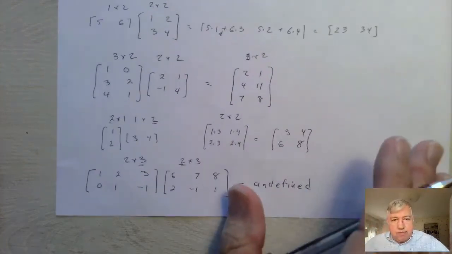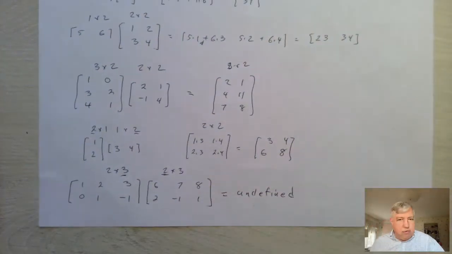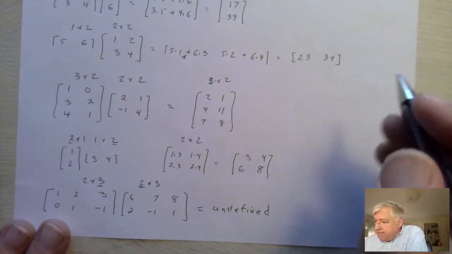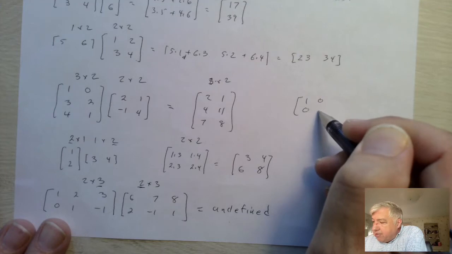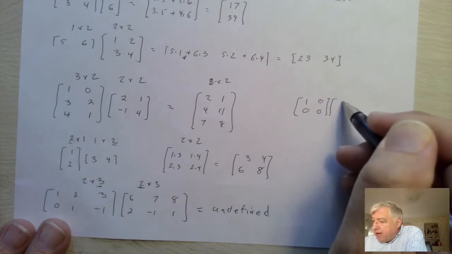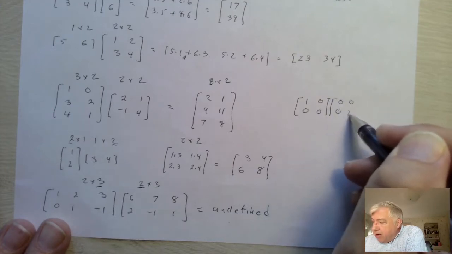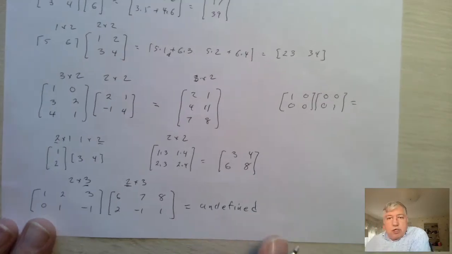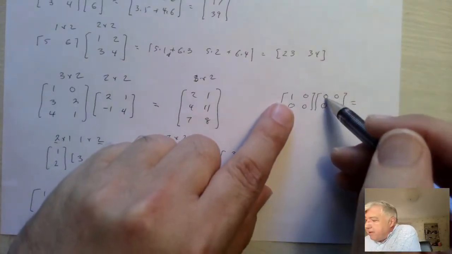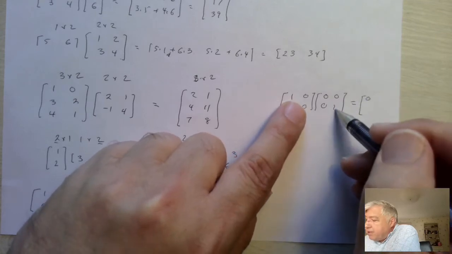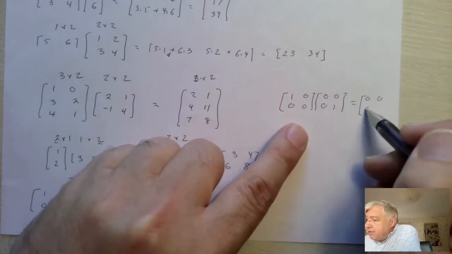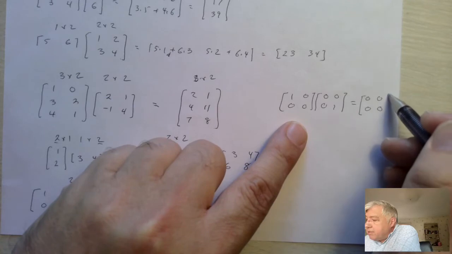So in particular, one other thing here before we move on. If you take a couple matrices like this, 1, 0, 0, 0, and multiply it by 0, 0, 0, 1, if you check, you'll see that you'll get zeros everywhere. You'll have 0 plus 0, 0 plus 0, 0 plus 0, 0 plus 0.